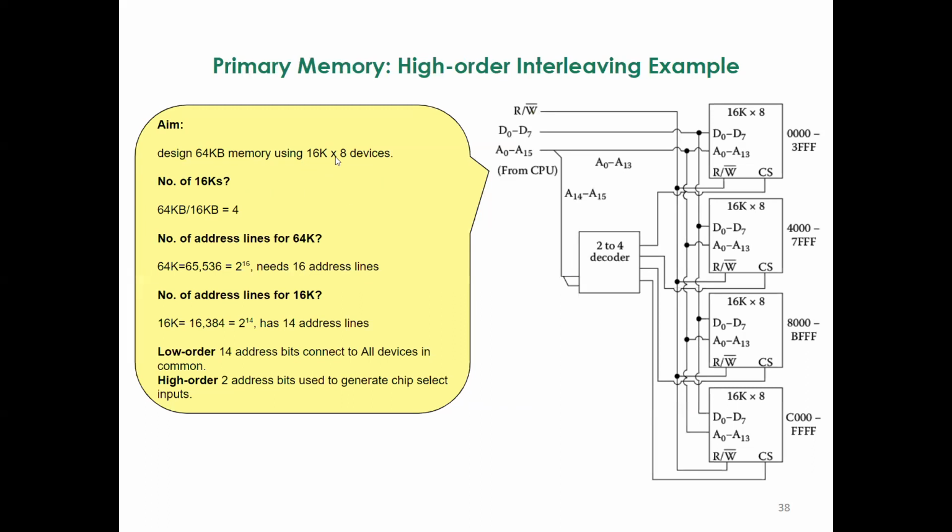Of course, you need to understand this notation as well. This is like 16 kilo times 8 bits, hence why we call it 16 kilobyte. The 8 bits give you a byte. So these devices have 16 kilo slots, 1 byte each, for storage. So we divide the two, it gives us 4, and therefore we need 4 of them.